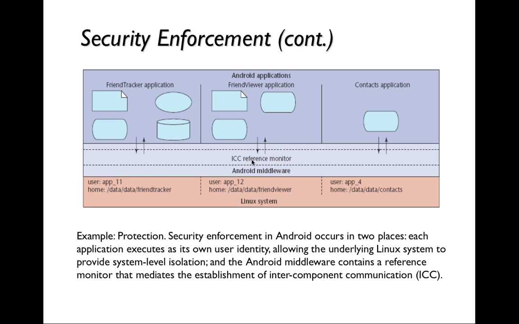This is the one that allows this component to communicate with that one. It reads the manifest and says, these are allowed. Or an application comes down here and says, I want to go to the internet. The middleware manager looks at the manifest and says, can they go to the internet? Yes, you can go to the internet. Okay, it sends this application and makes it so it can go to the internet.